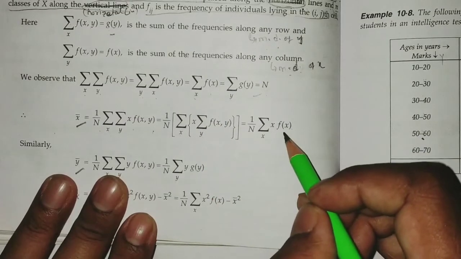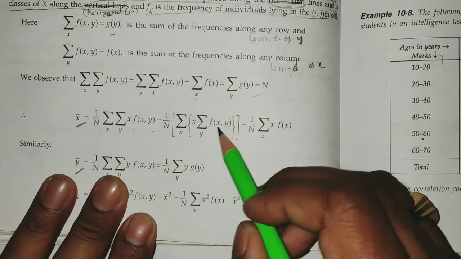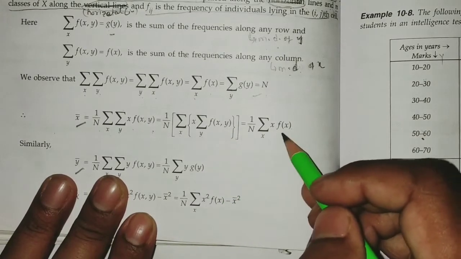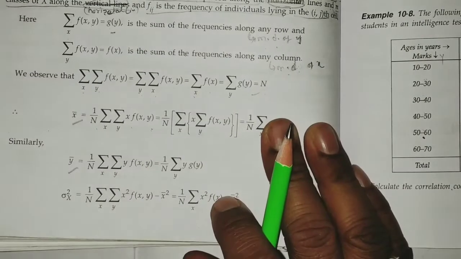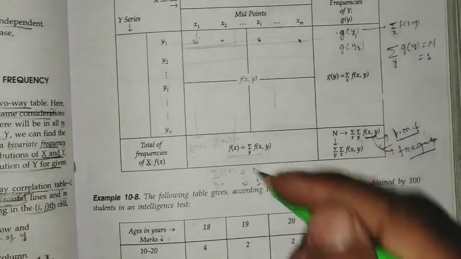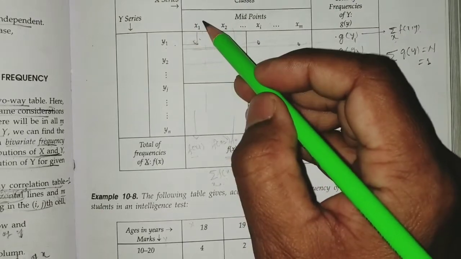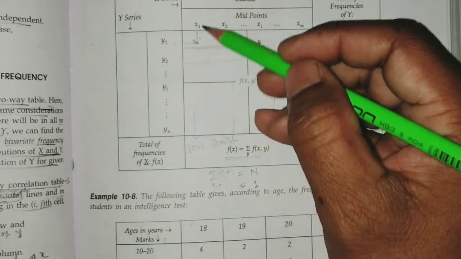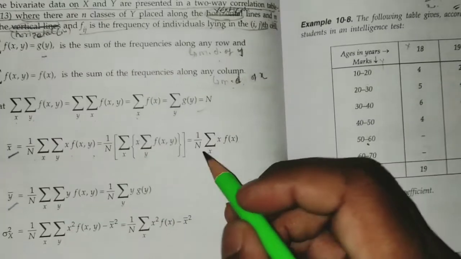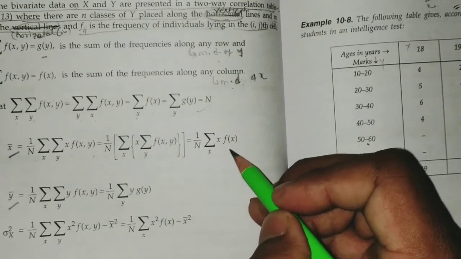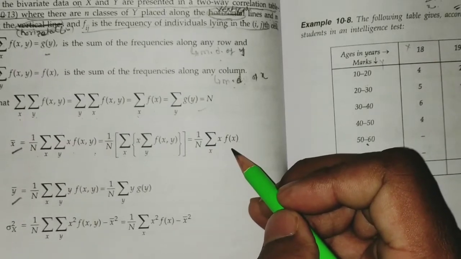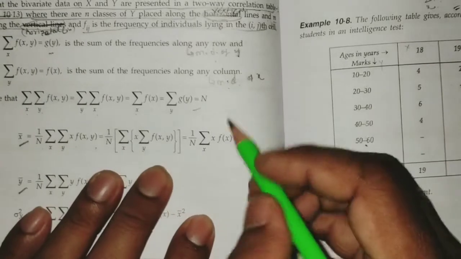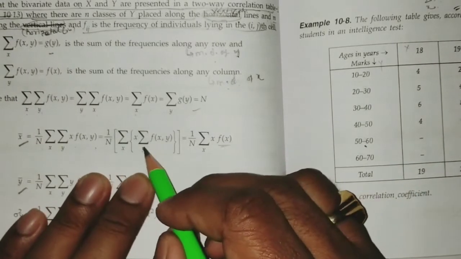Summation over y, fxy is fx, meaning we consider all the y values for a particular x value. That is the marginal distribution of x. So this fx is the marginal distribution of all the x.